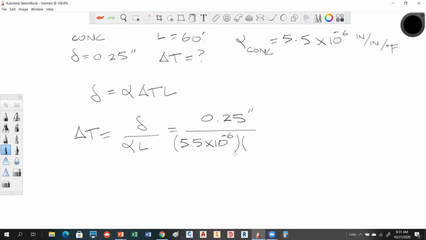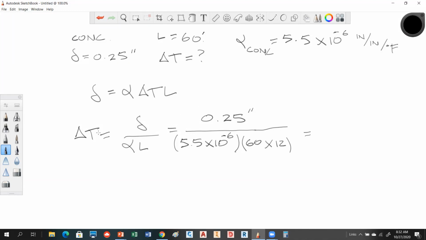So we want to get this into what down here? Inches. Be careful with that. So I'm just going to call that 60 times 12. Is everybody okay with that? Yep. All right. So inch per inch cancels, and the Fahrenheit flips up to the top. So you're going to end up with a delta T in Fahrenheit. That all makes sense from a unit standpoint.